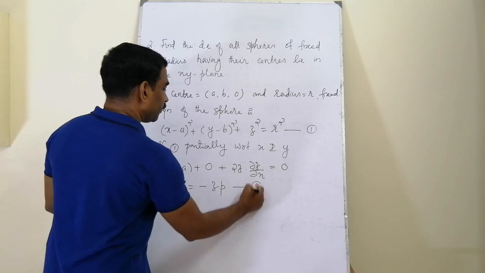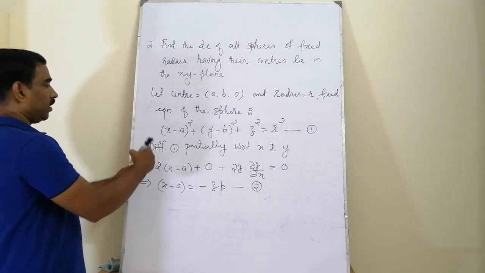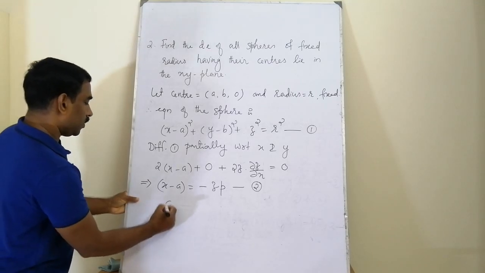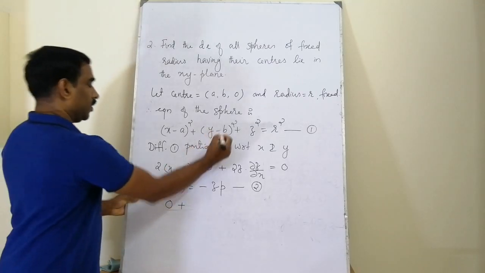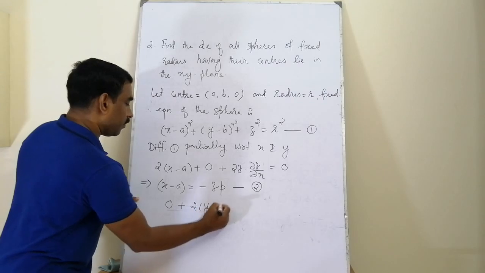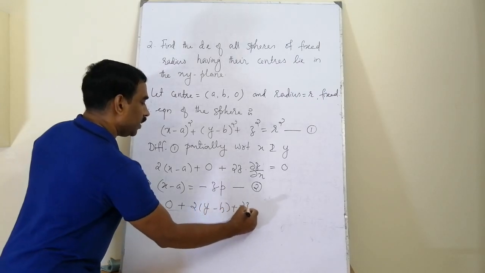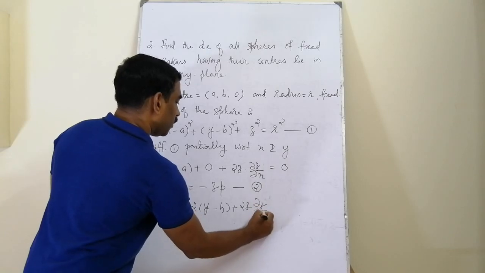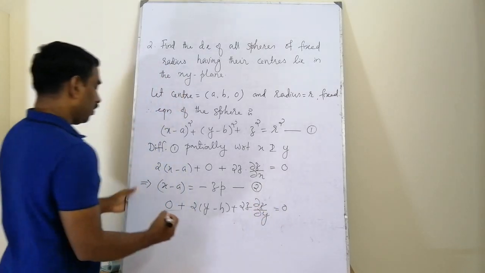Here ∂z/∂x is p, so x − a = −zp, equation number 2. Similarly, differentiating equation number 1 with respect to y gives 0 + 2(y − b) + 2z ∂z/∂y = 0.